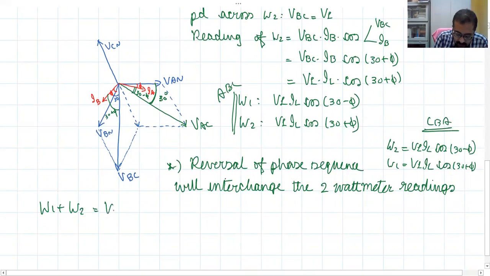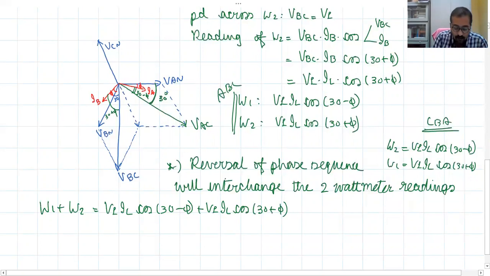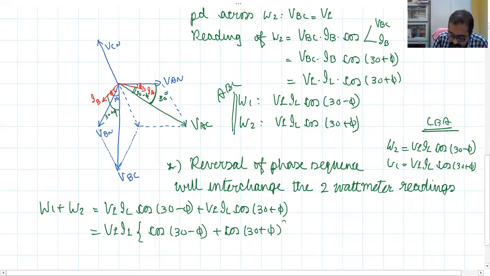Now let us add W1 and W2. What do you get? VL IL cos(30 minus phi) plus VL IL cos(30 plus phi). You take VL IL common.